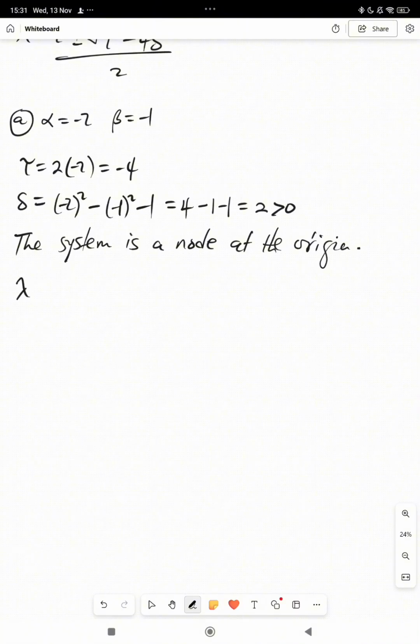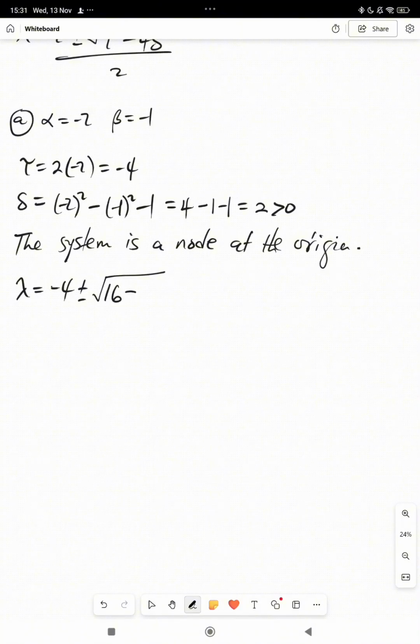So we have lambda equal to tau, which is minus 4, plus or minus the square root of tau squared, which is 16, minus 4 delta.